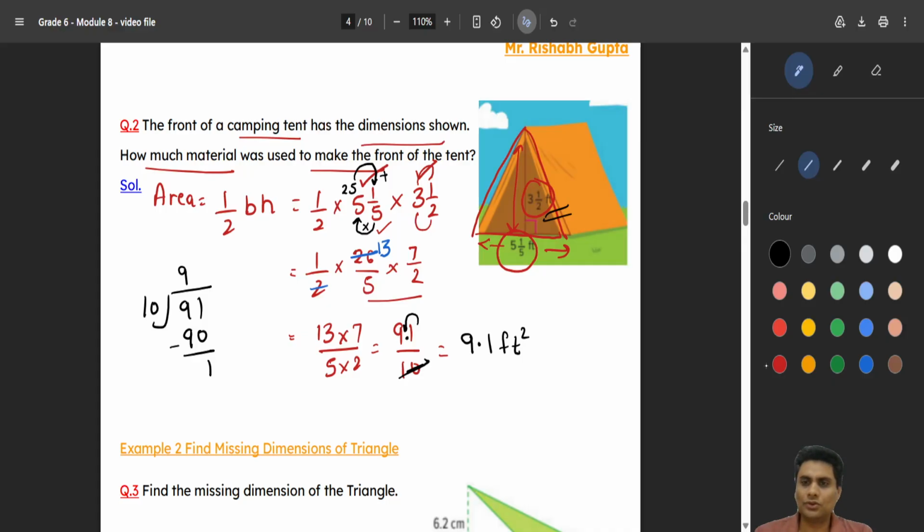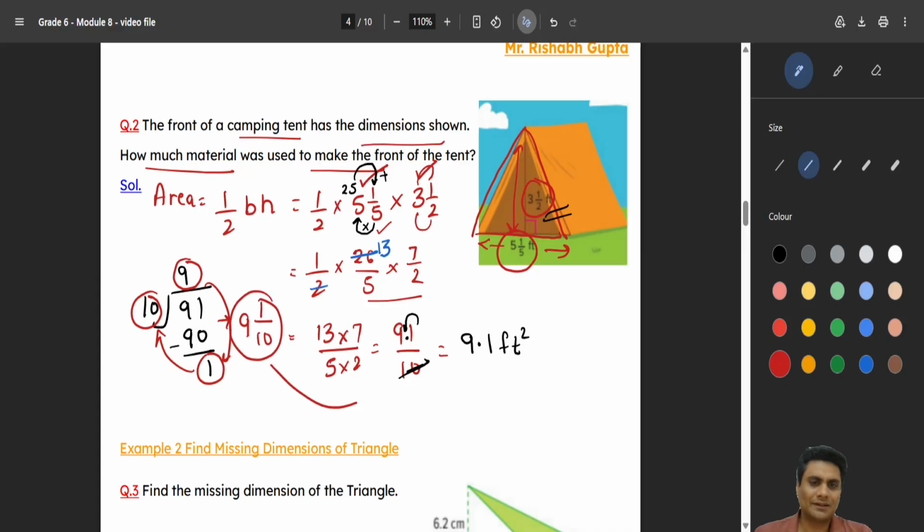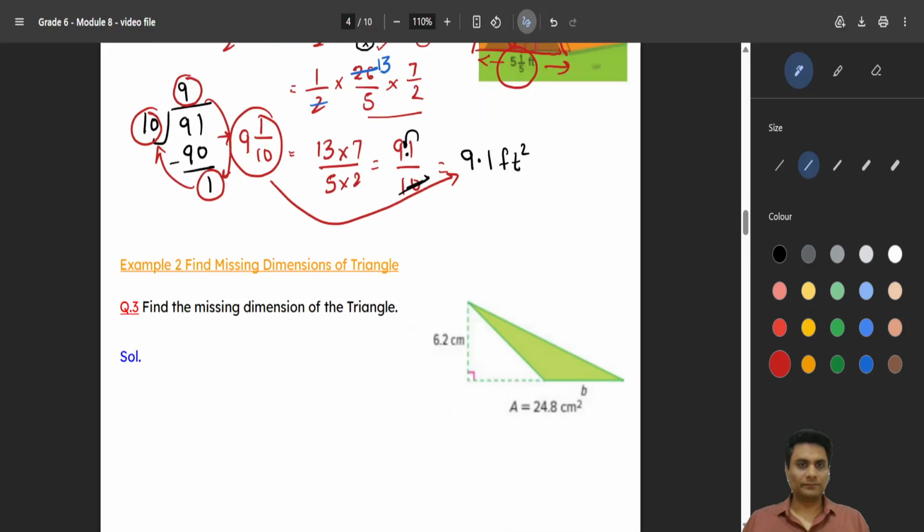Now, use these three numbers: the quotient, the remainder, and the divisor. First write the quotient 9, then the remainder 1, and then the divisor 10. That can be your answer. This and this, they are the same. Okay, so I hope you understood.